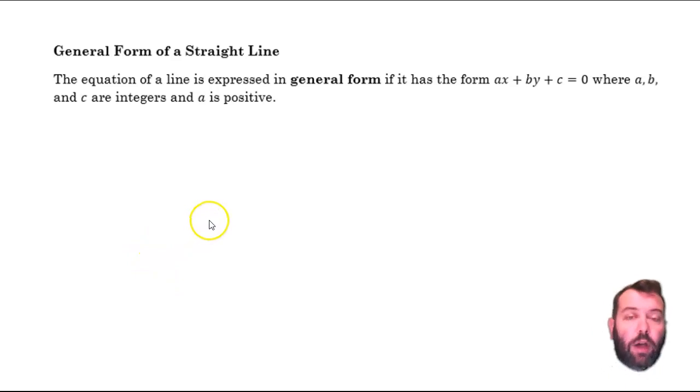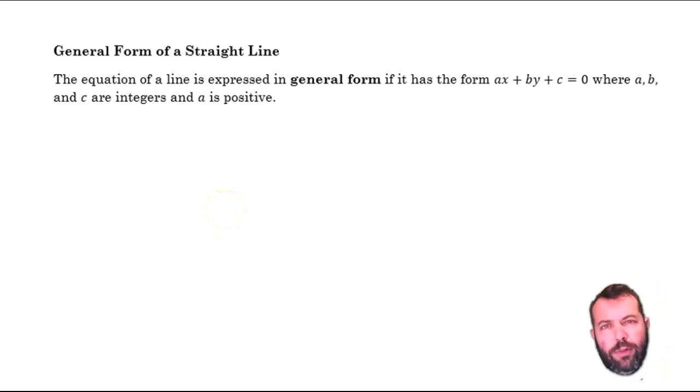Now, this might be a little bit new. The general form of a straight line. We've dealt with general forms of equations a little bit before, perhaps with quadratics, where we have ax squared plus bx plus c. There are other forms we could express our quadratics in, like when we complete the square, and they're good for different things.